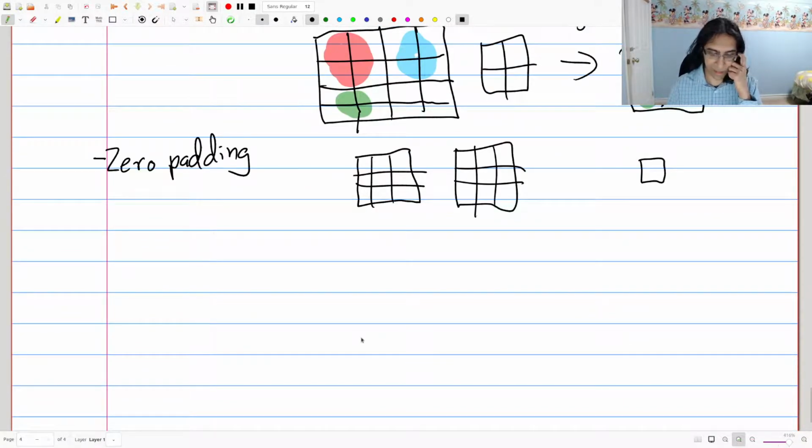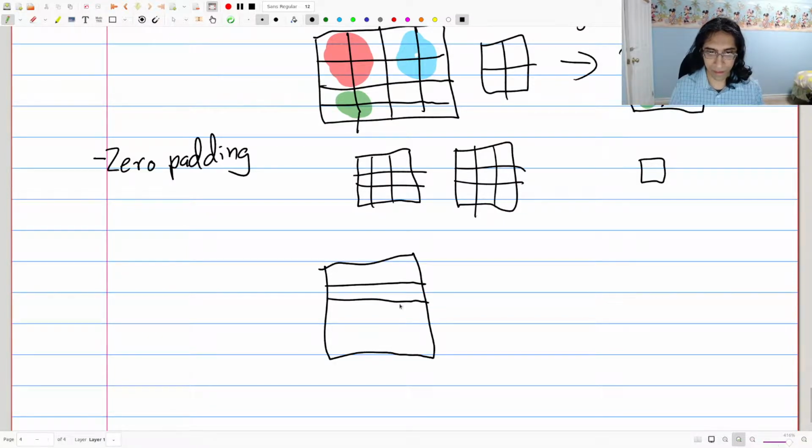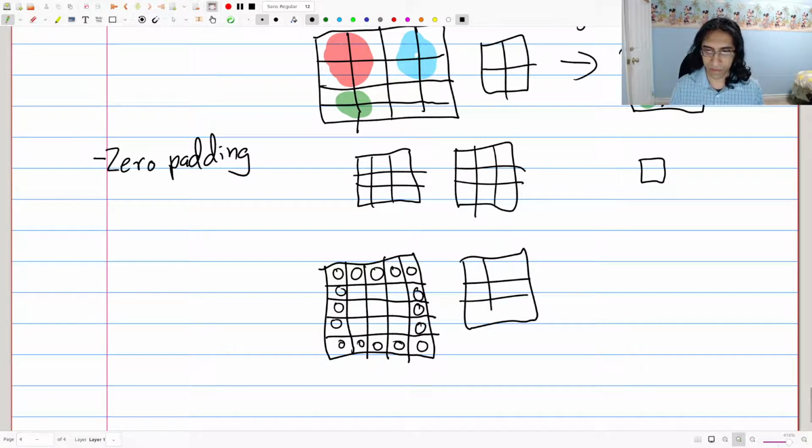Now, instead, what you could do is you could have a padded input and use zero padding. So what that means is, suppose this is the original thing. Well, we're just going to put zeros as the new pixels on the outside of it. And the reason this is useful is because despite these being zeros, it means now the same filter can fit in more places.